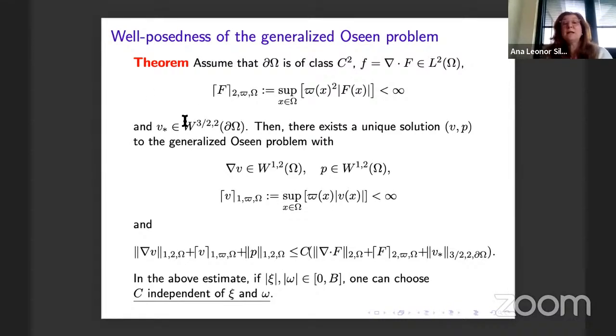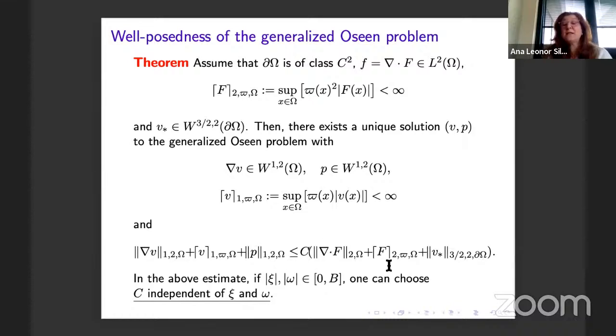If the boundary data is sufficiently regular, then for the generalized Oseen system, we have a unique solution, which has first derivatives in L2, second derivatives also in L2, and the pressure is in L2 with first derivative in L2. The velocity is going to decay like 1 over the weight function defined by chi and omega, okay?